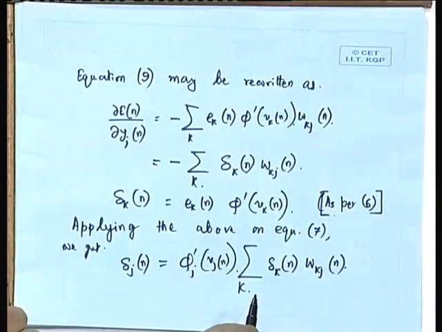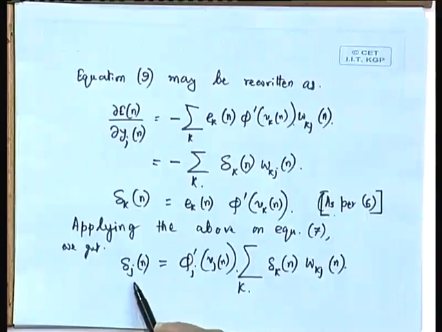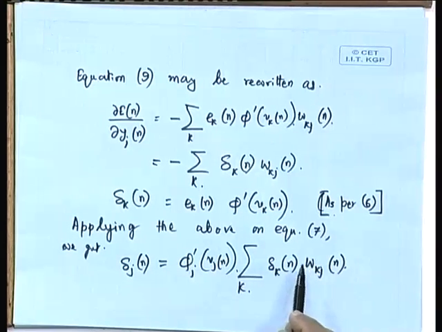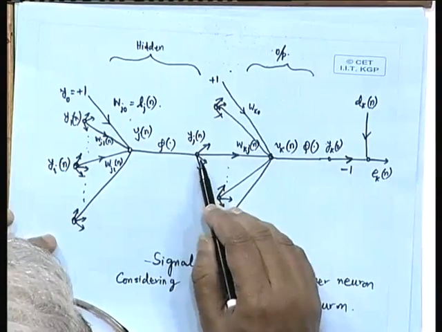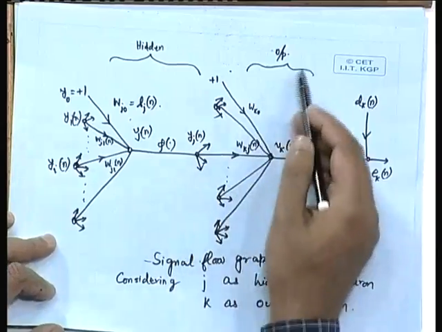So we have got one very interesting expression whereby we are expressing the local gradient of the hidden layer neuron in terms of the local gradients of the output layer neurons. In fact, it is nothing but the weighted sum of all the local gradients of the output neurons to which it is connected, because summation over k means that this j is connected to all the k's in the output layer.